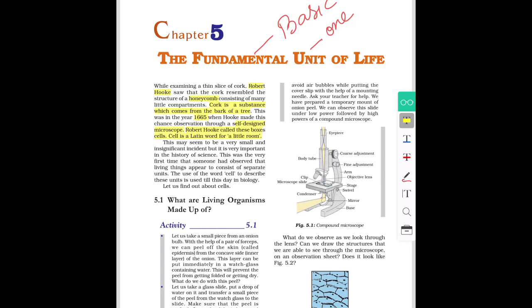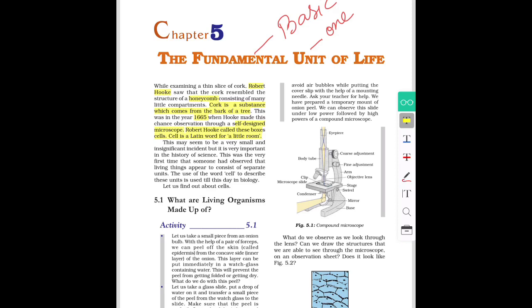The use of the word cell to describe these units is used till this day in biology. Now let us see what Robert Hooke must have observed in his microscope. We are going to prepare a slide of onion peel to see something similar to what Robert Hooke must have observed.